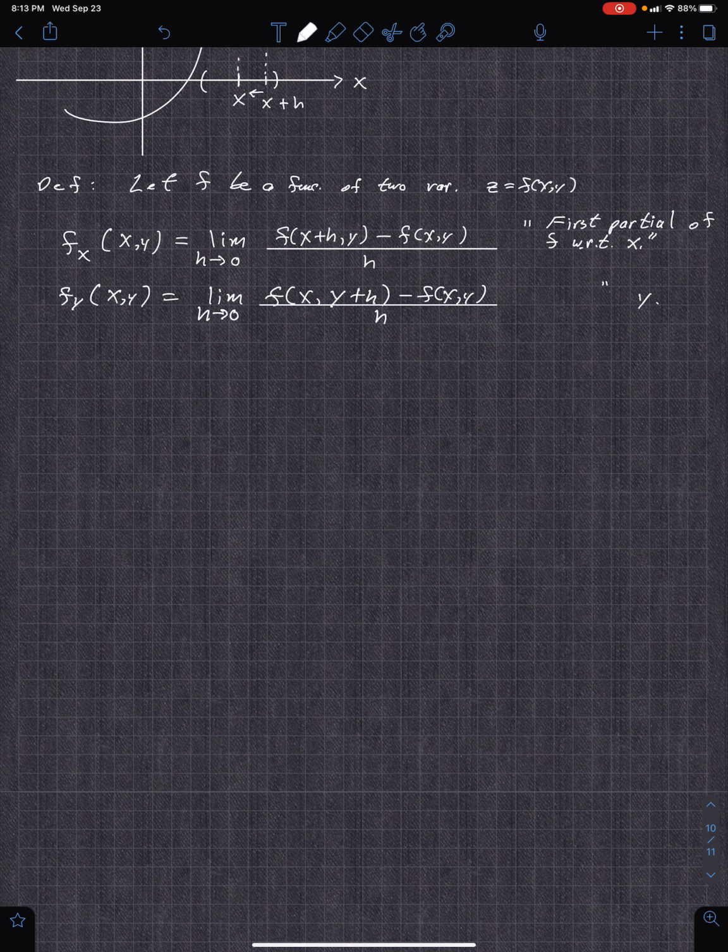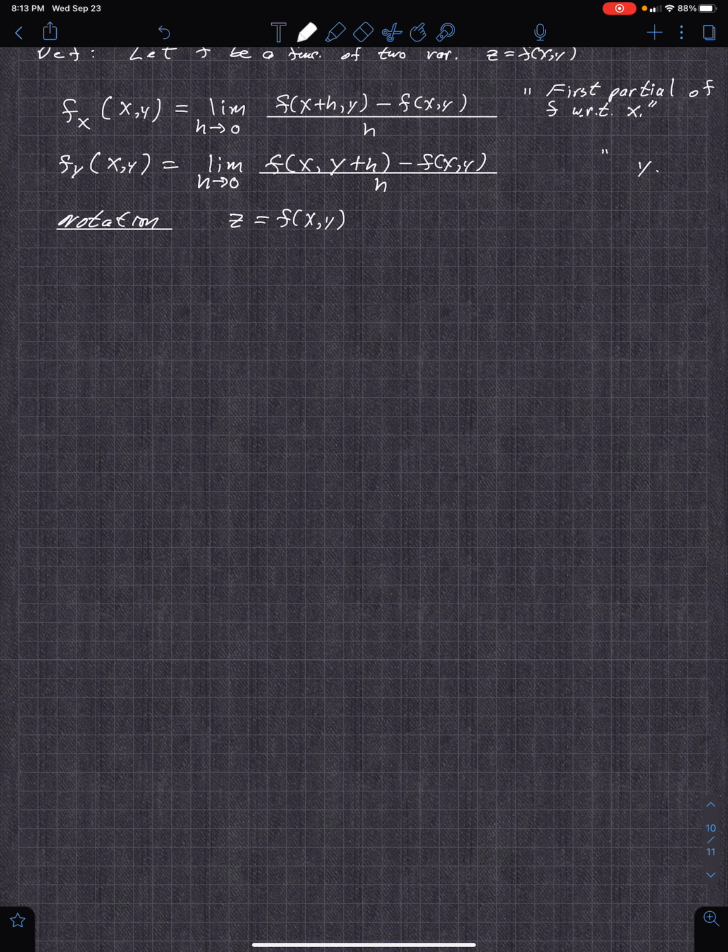Okay, so notation. So if you have z equal to f of xy, or z is a function of x and y, or f is a function of x and y. Then what you have is this notation, the same as above.